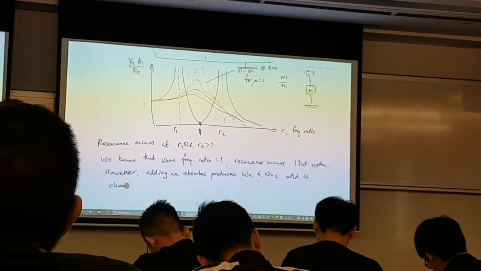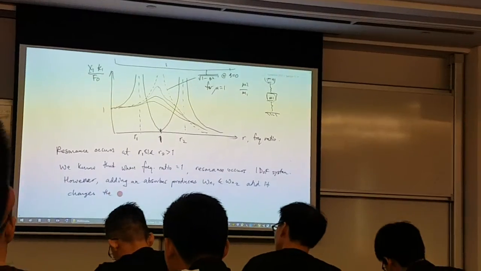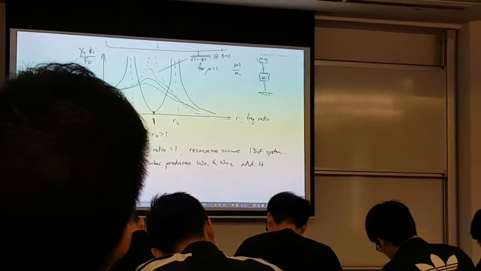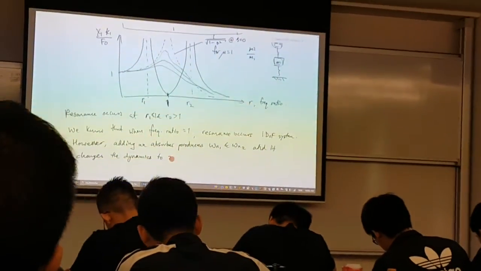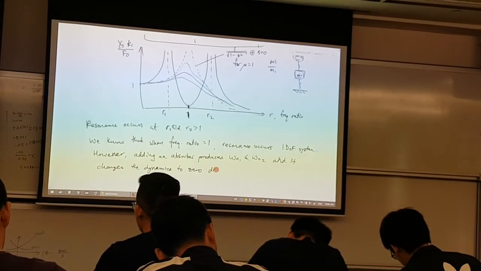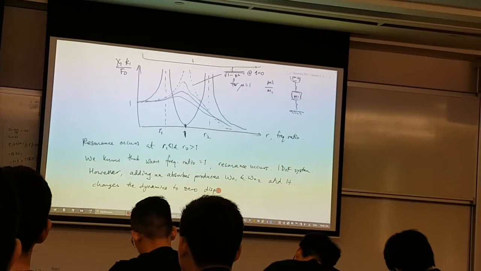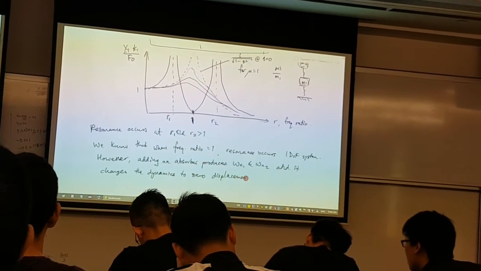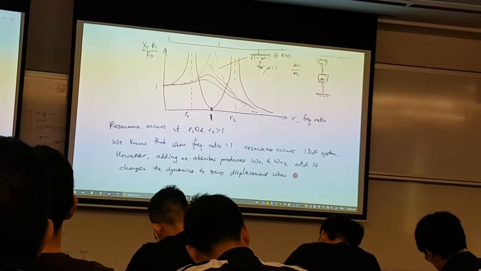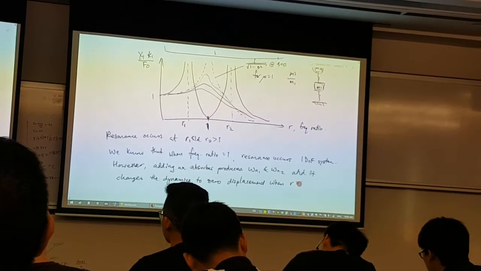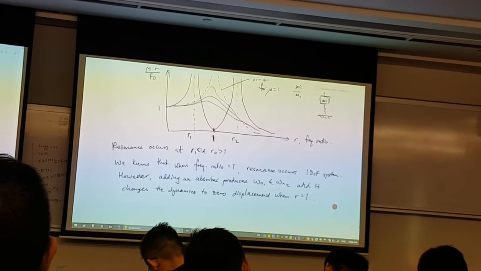And this changes the dynamics to 0 displacement. So you can see here it becomes 0 displacement when your R, your frequency ratio, is equal to 1.